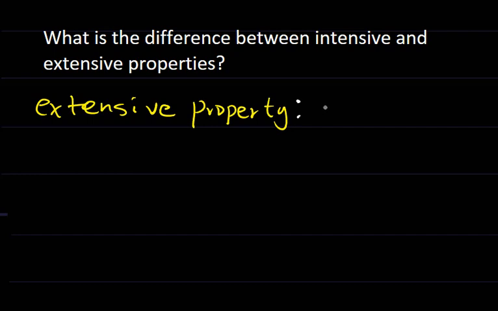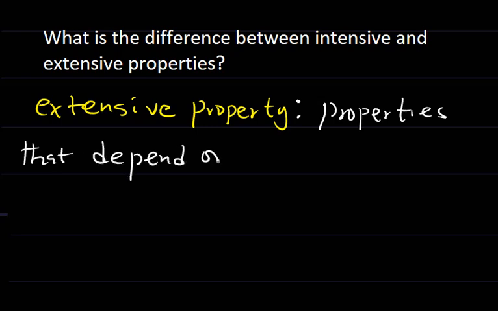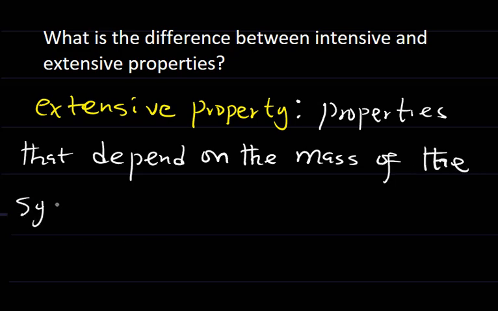They are properties that depend on the mass of the system, or even the size of the system. The higher the mass, the more it will affect that particular property.